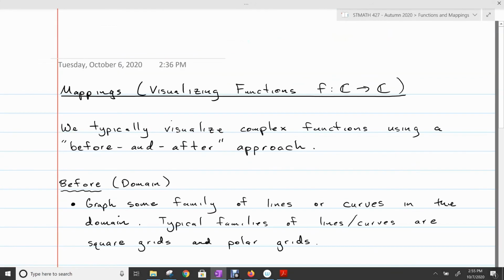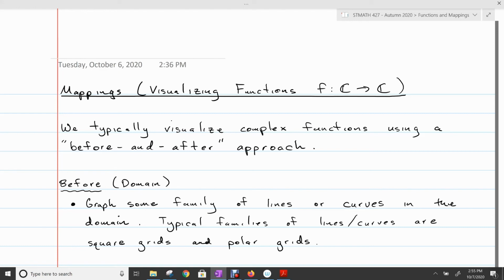So when we speak of mappings, it's a way of thinking of how we visualize what the function is doing. Like what kind of contortion is it performing on the complex plane? It's hard to visualize complex functions in the normal way because, if you have a real valued function, you can plot the input paired with the output and it's a two-dimensional point.